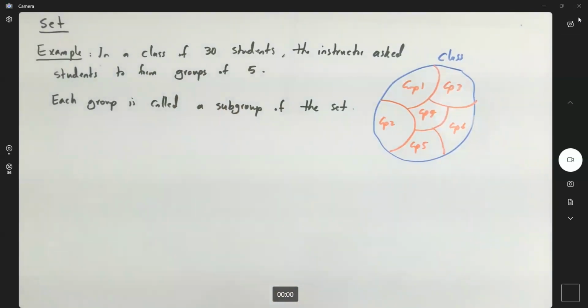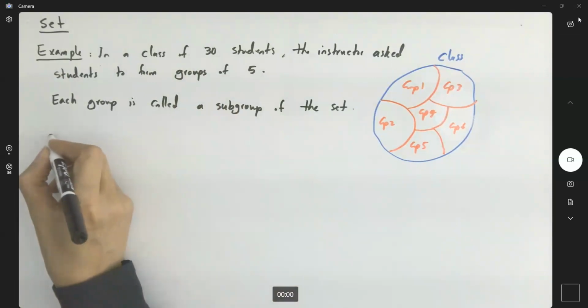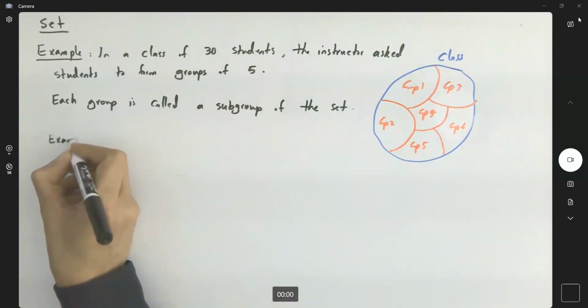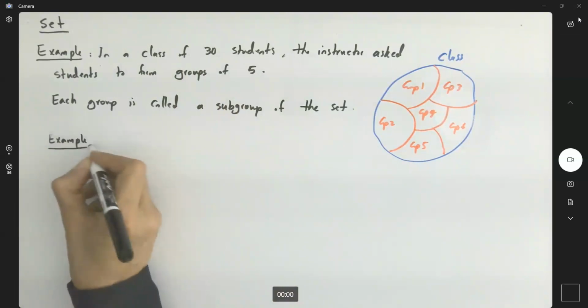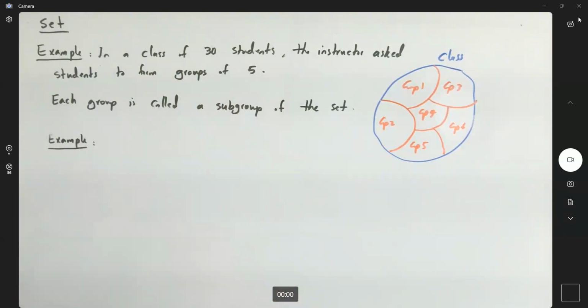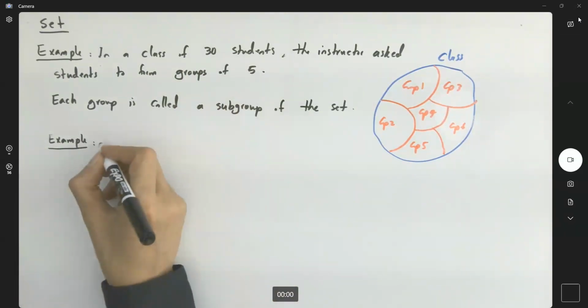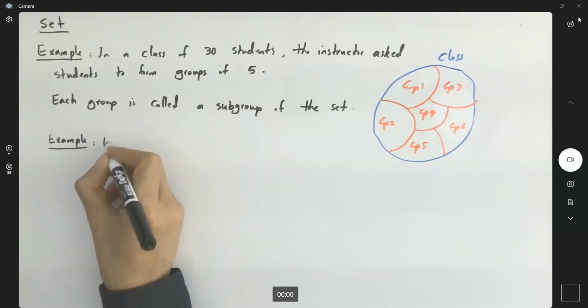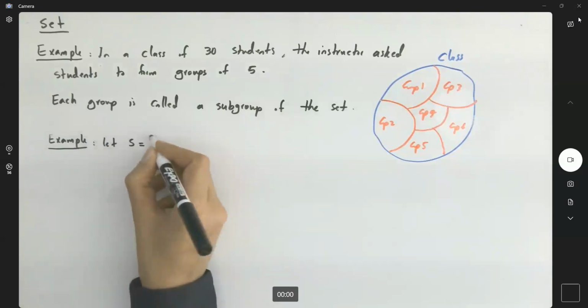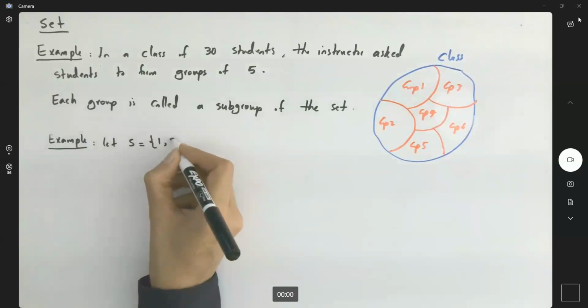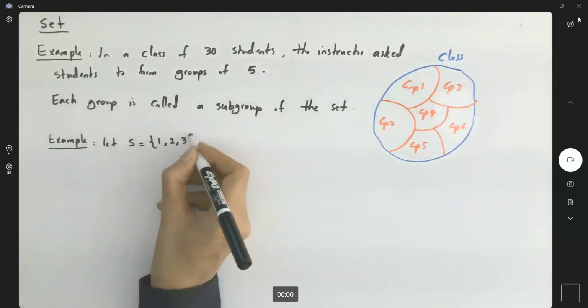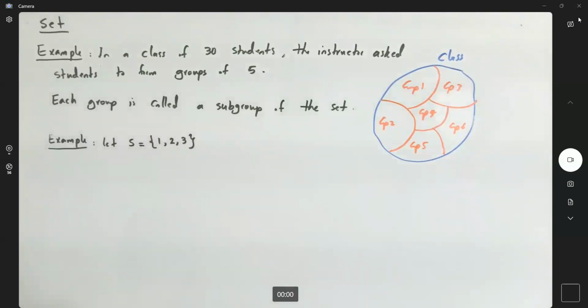Let me introduce this example and then talk about the official subsets. Suppose set S is the set including 1, 2, and 3.